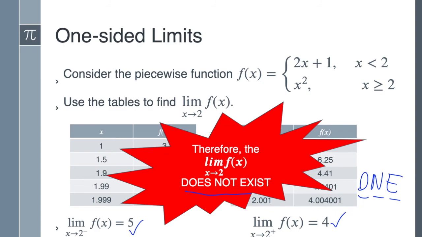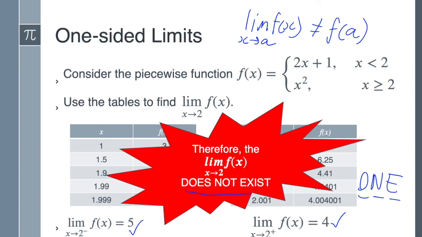What have we learned? We have learned about the concept of the limit, that the limit of f of x as x approaches a is not the same as substitution, f of a. And then we have learned about one-sided limits.